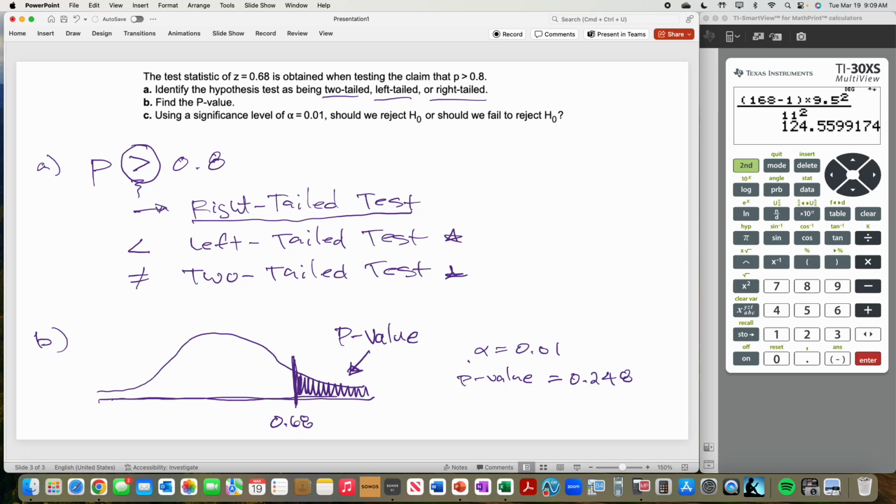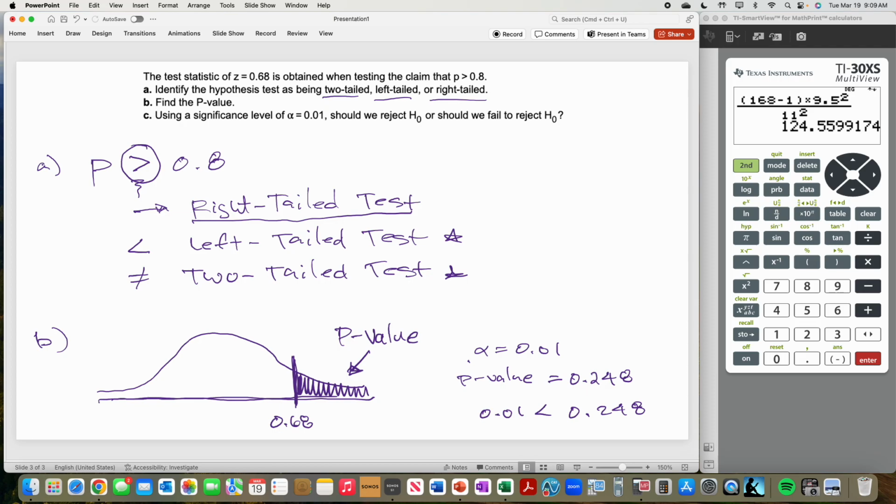And so we know that 0.01 is less than 0.248. So that means that our p-value is higher than our alpha.